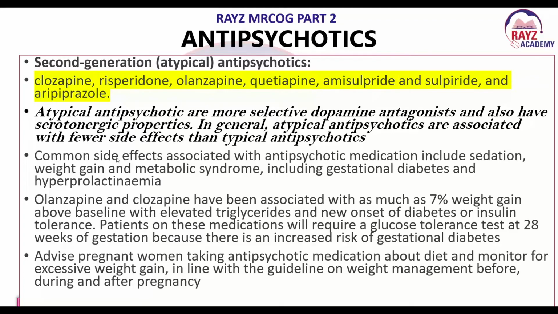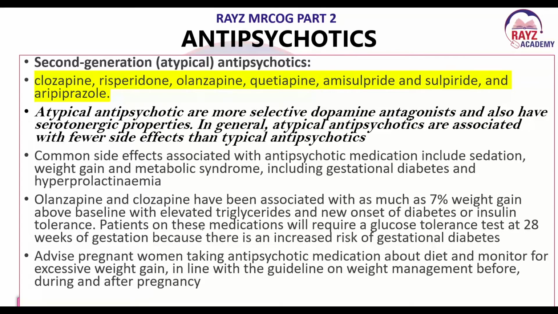And we all know the side effects which can occur because of these second generation antipsychotics. They can cause sedation, weight gain, metabolic syndrome like gestational diabetes, and hyperprolactinemia. This is from Strategies. Olanzapine and clozapine have been associated with as much as 7% weight gain above the baseline, with elevated triglycerides and new onset diabetes.